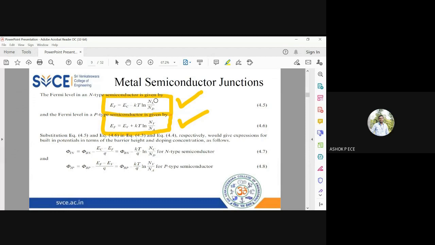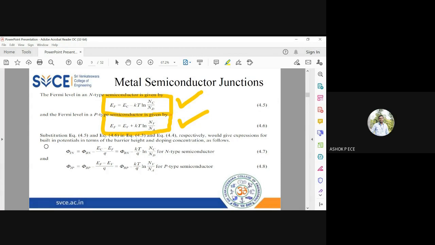NC is the number of electrons in the conduction band, ND is the number of donor atoms. And for p-type, EF equal to EV plus, because the Fermi level is lying above the valence band, KT ln NV by NA. NV is the number of carriers in the valence band, and NA is the number of acceptor atoms that we dope.